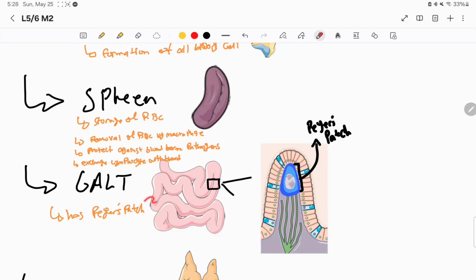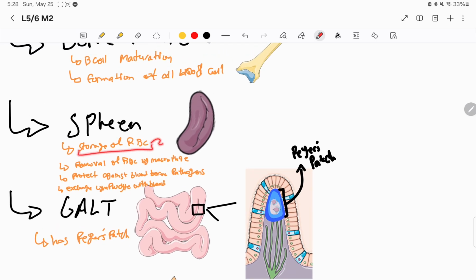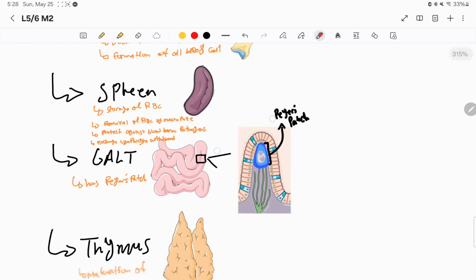They just phagocytose them. The spleen also protects against blood-borne pathogens, okay? Because it is filtering the blood. It also exchanges lymphocytes with the blood, okay? And it does store a little bit of red blood cells inside of it, which can sometimes be released into the bloodstream by splenic contractions.